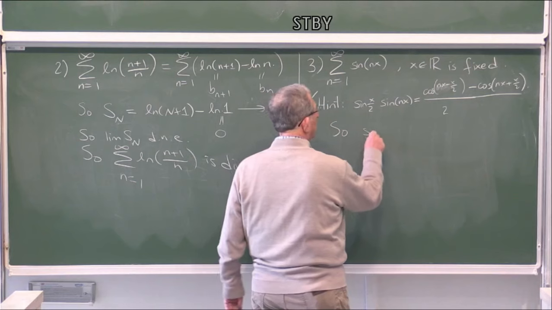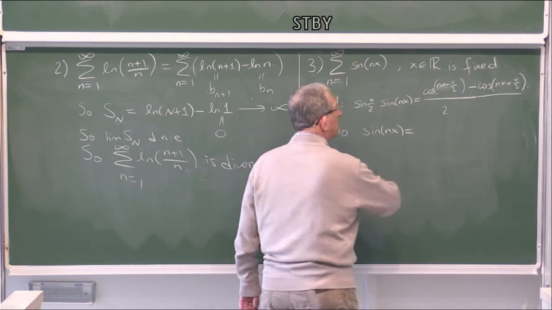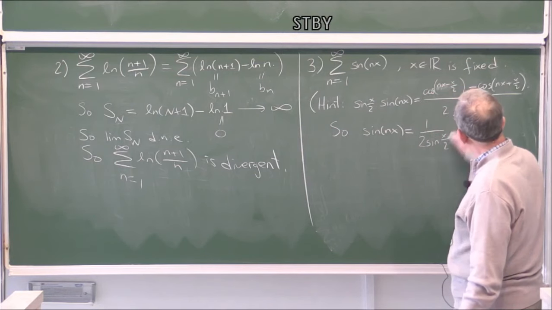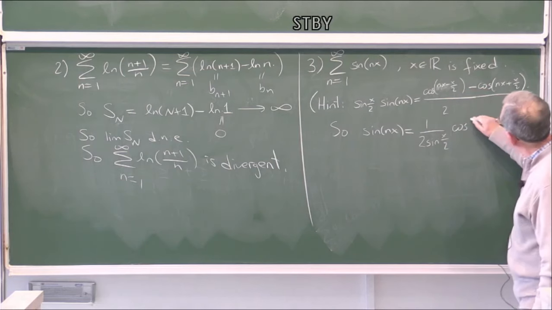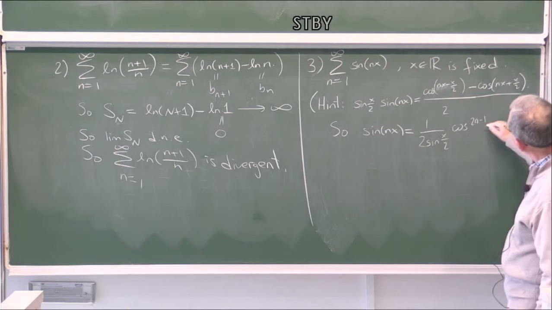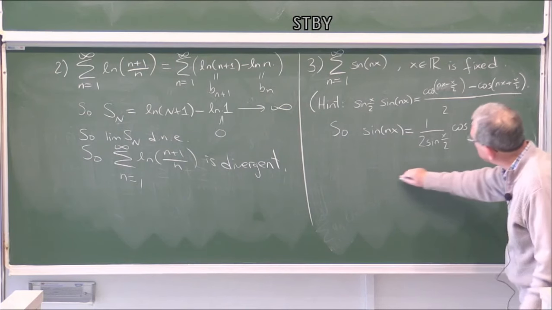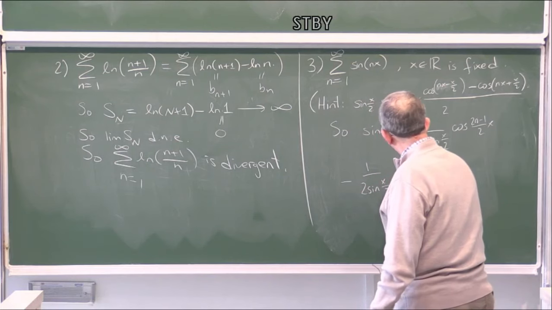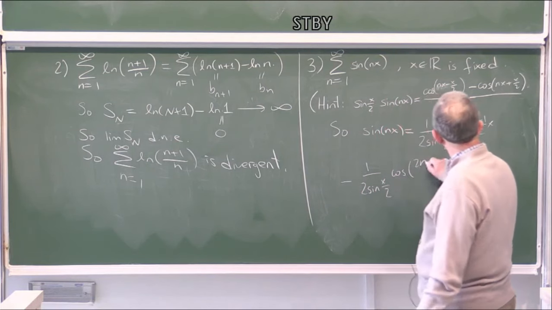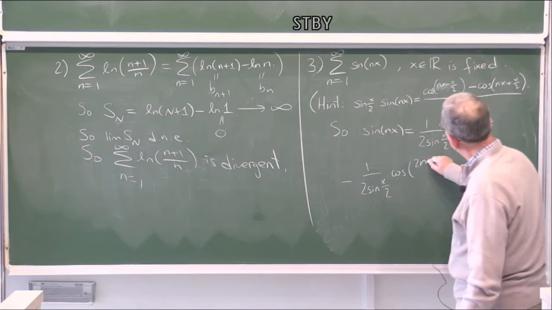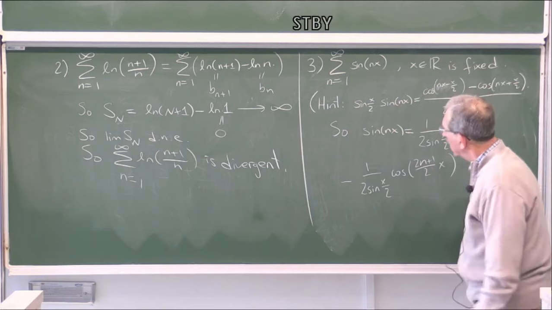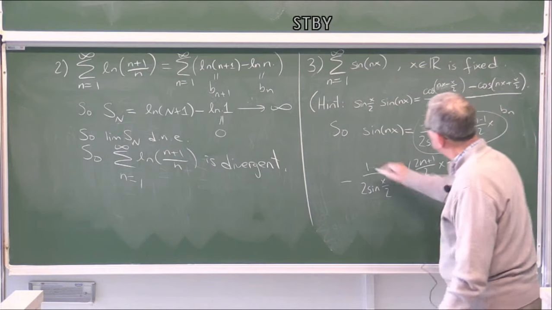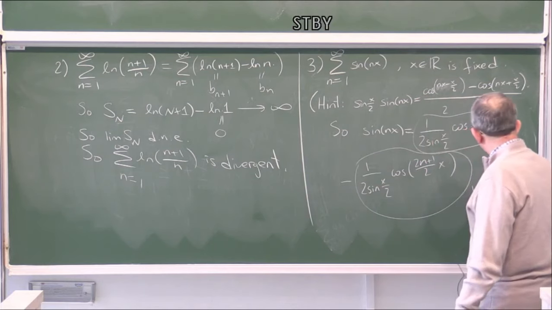So, sine nx can be written as 1 over 2 sine x over 2 times cosine of (2n minus 1) over 2 x, minus, okay, 1 over 2 sine x over 2 times cosine of (2n plus 1) over 2 x. So if you call this your Bn, this becomes Bn plus 1.